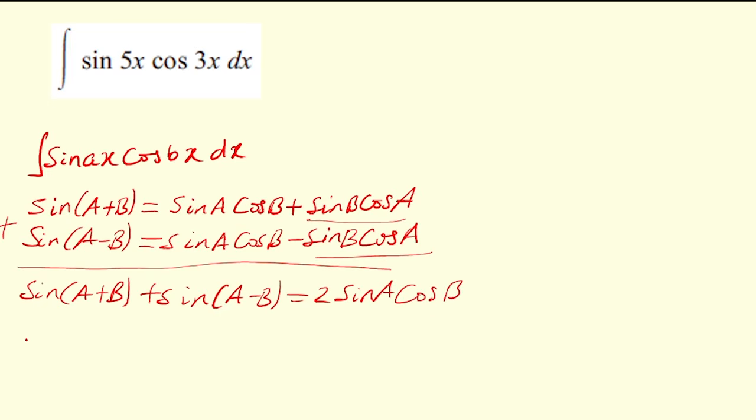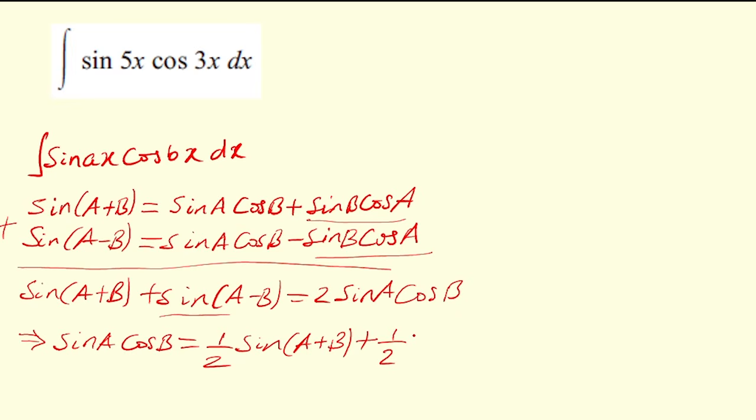From this, dividing both sides by 2, sin a cos b is equal to 1 over 2 sin(a plus b) plus 1 over 2 sin(a minus b).